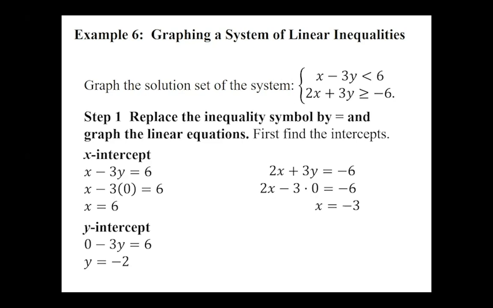And for the second, 2x plus 3y equals negative 6, plugging 0 in for x. Makes the first term go away. 3y equals negative 6. Y also equals negative 2.